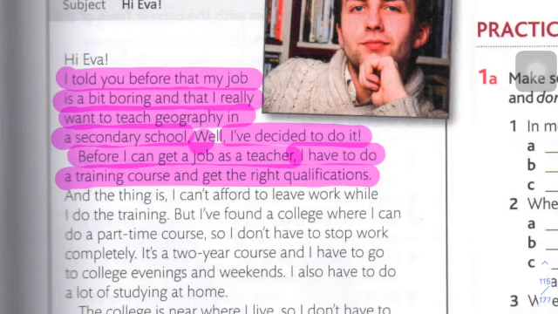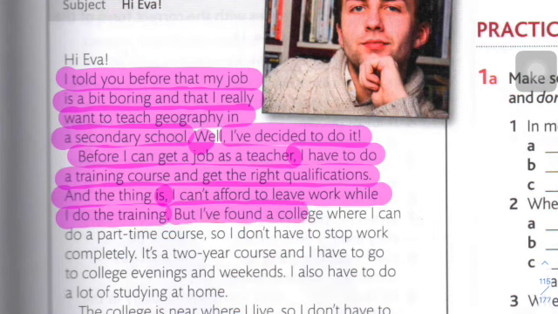If you don't have them, you have to train. Okay, so this guy has to study and do a course, just to have the right qualifications. And the thing is, I can't afford to leave work while I do the training.